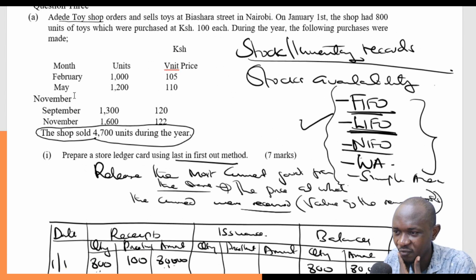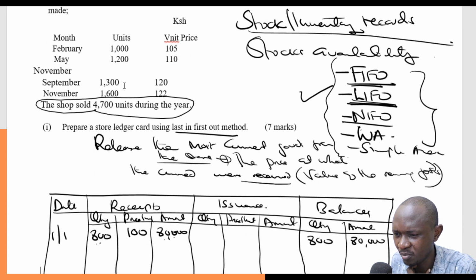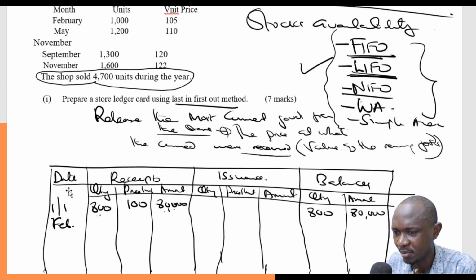In the month of February, the store received 1,000 units. So you simply come back here and show February. Because there's no date, you can just say February. I think there's a column here which is very important that I'm almost forgetting.